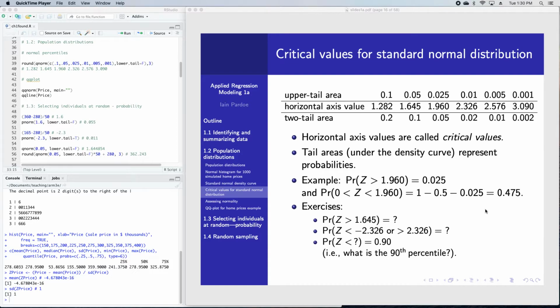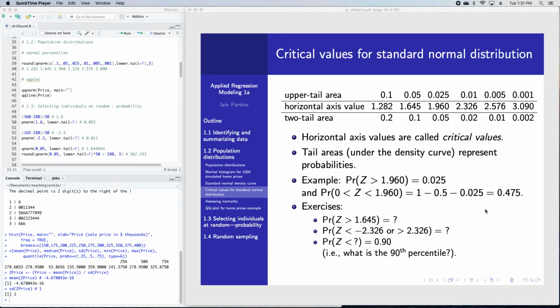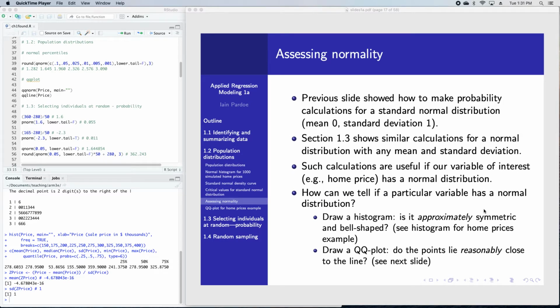So that's how to think about the normal distribution and probabilities based on a picture like this. We can do similar types of calculations for any type of normal distribution, not just a standard normal distribution, and we'll see that in the next video.